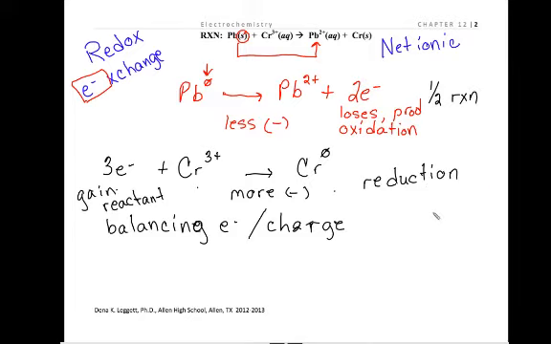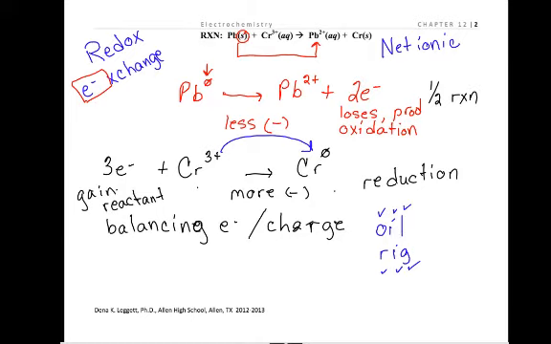Now, there's a couple of ways to remember that. You're actually reducing the oxidation number, but a common way is to use the phrase OIL RIG. Oxidation is loss, reduction is gain. I'm not going to write that out because I believe you've seen that before. So OIL RIG: oxidation is loss, reduction is gain.